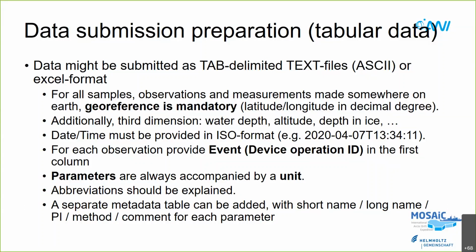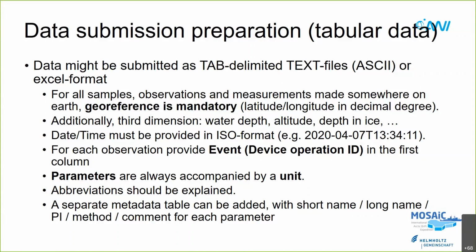The most important part I want to stress is that we would like, or we need, you to provide an event for each observation, for each, let's say, line in your table. So event in our terminology is device operation ID in MOSAiC terminology, and I will come back to this after I go through several slides.